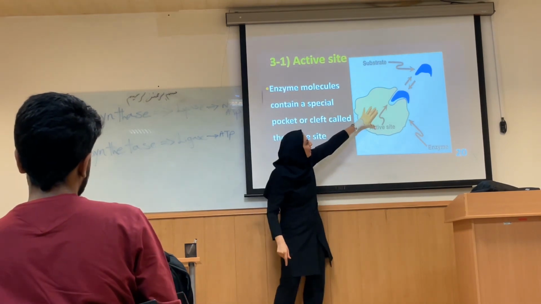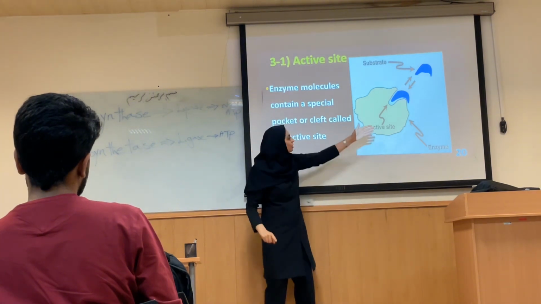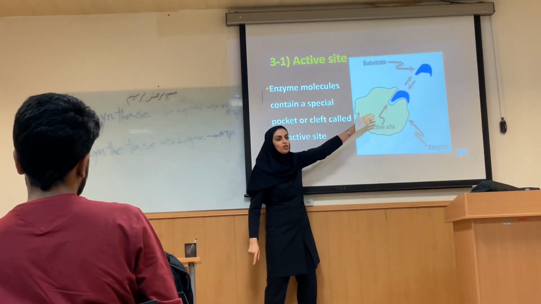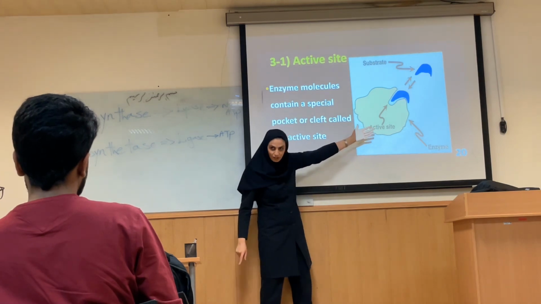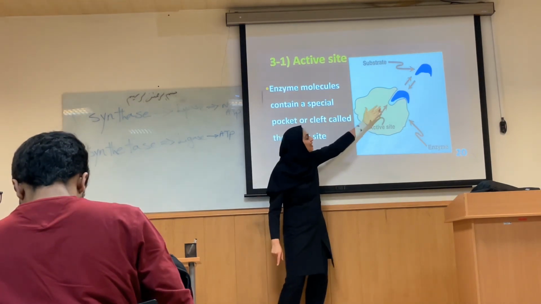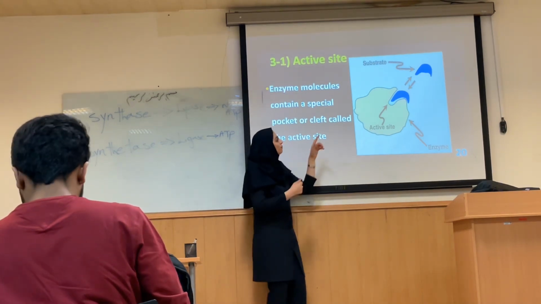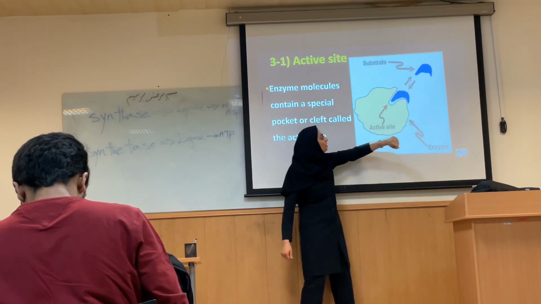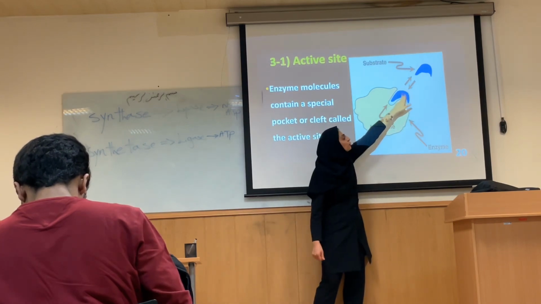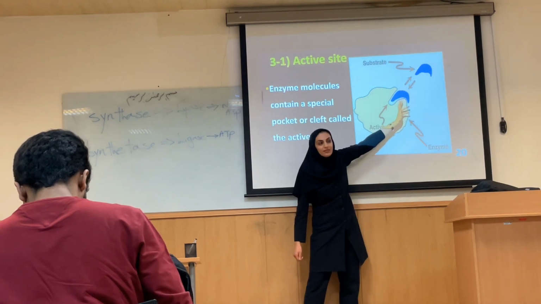For example, imagine this is an enzyme with one subunit. Which hierarchical structure is this? Tertiary. Okay? Tertiary structure that has a three-dimensional shape. Guys, you can see here that this enzyme has an active site that can cooperate with substrate or reactant.